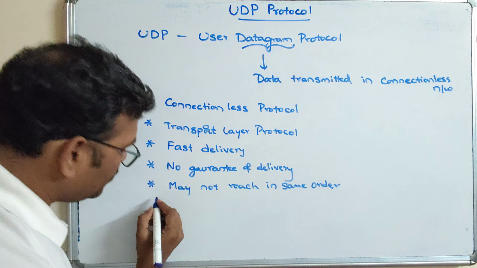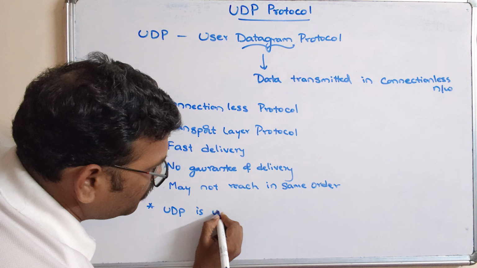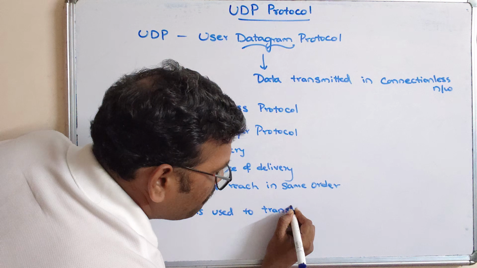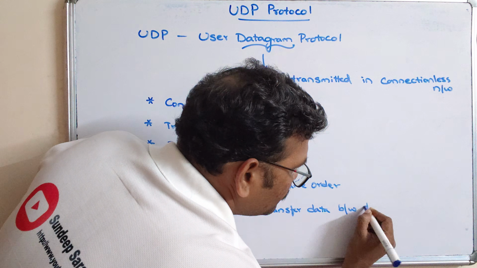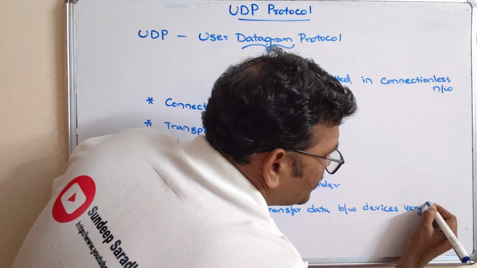So majorly this UDP is used to transfer data between the devices very fast.